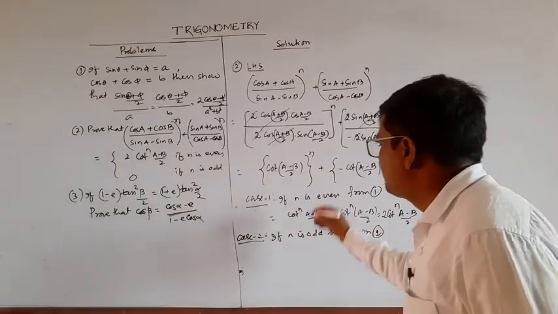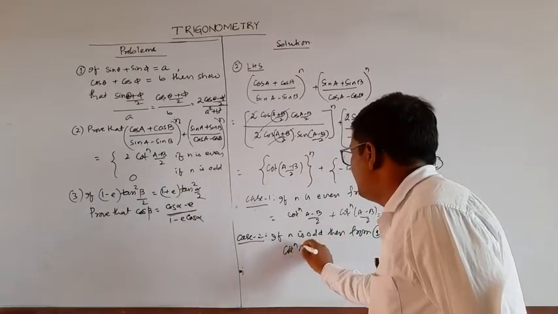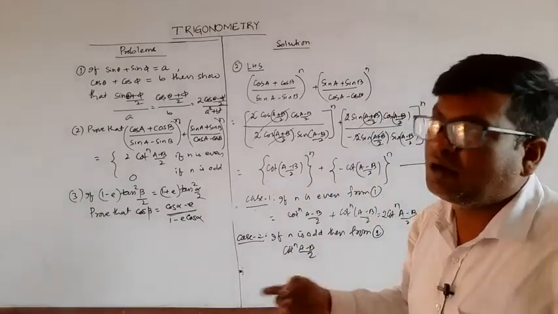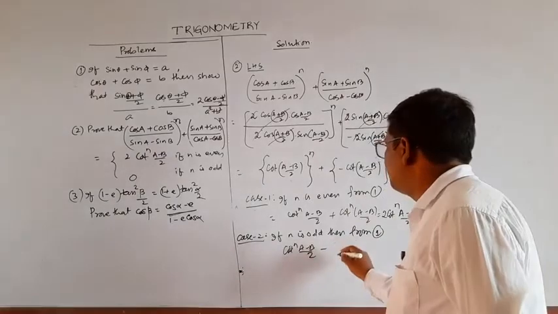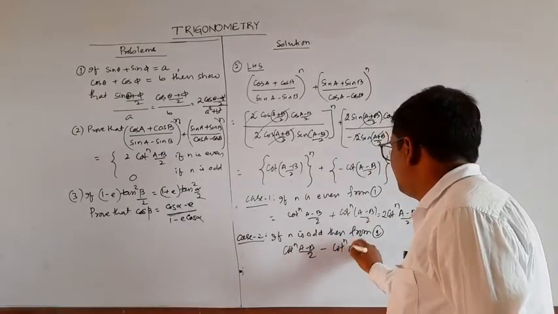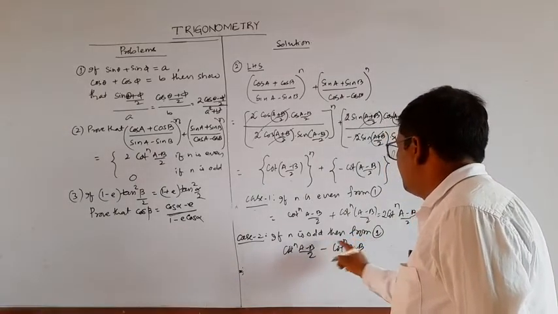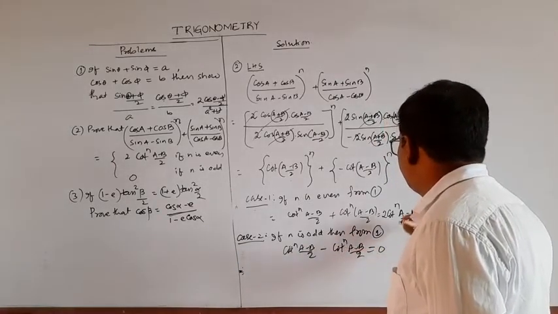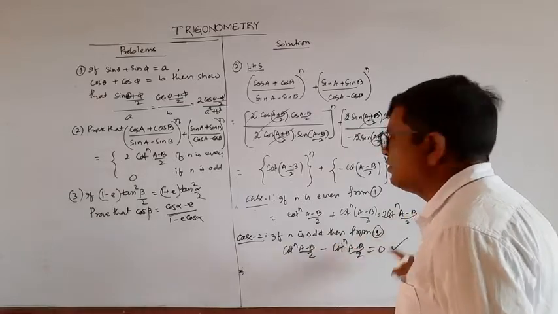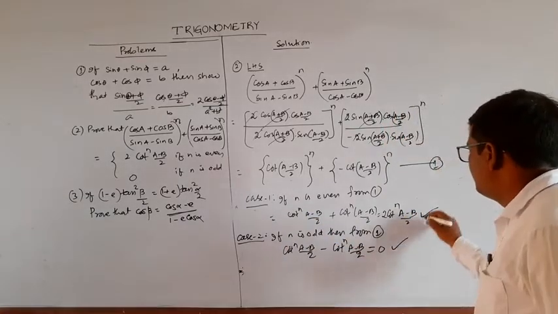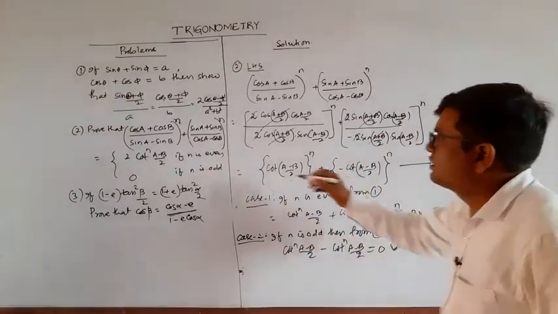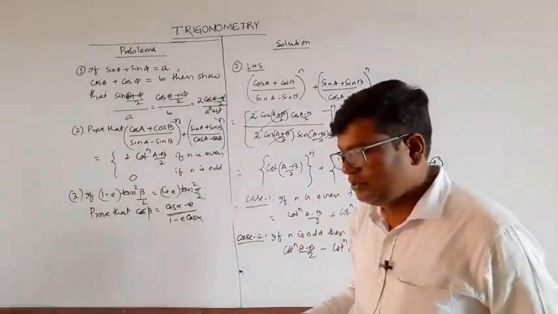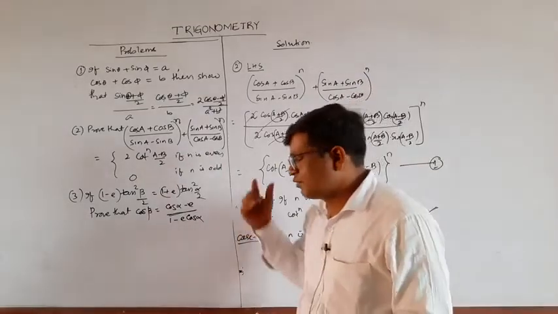That is cot n((a minus b)/2), and minus 1 to the power odd means negative. So the cot n((a minus b)/2) cancels and this is 0, hence proved. This is the required proof, and these are the 2 cases: for even this and for odd this is proved. Now for another question.